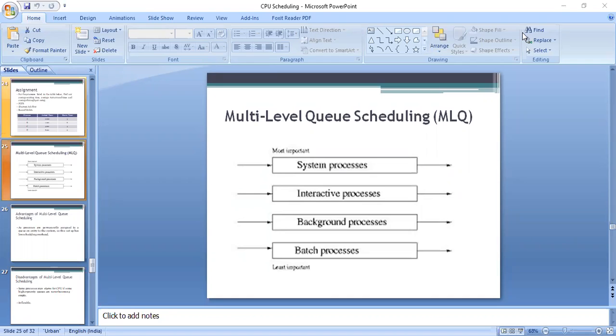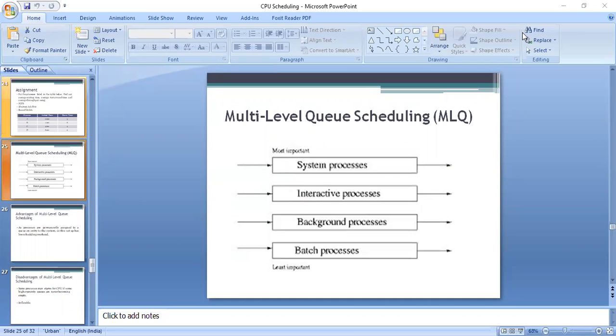So each implements whatever scheduling algorithm is most appropriate for that type of job, or with different parameter adjustments. For example, a common division is made between foreground, that is interactive processes, and batch processes. So these two types of processes have different response times, and so they may have different scheduling needs.